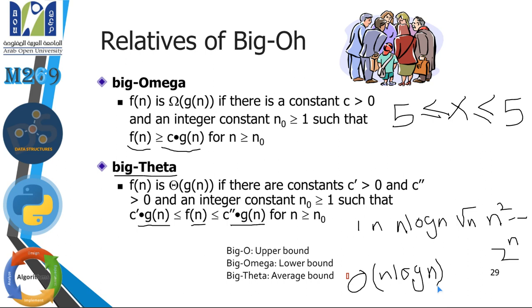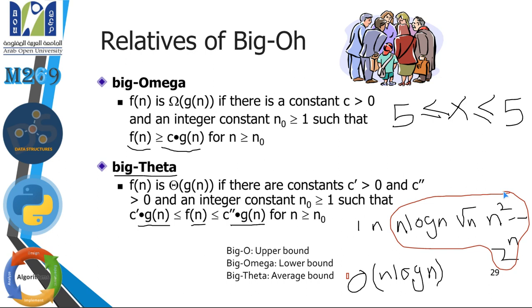This is big O notation. Let me give you one example. From this point, this is the n log n, including this group. This is called the upper bound.